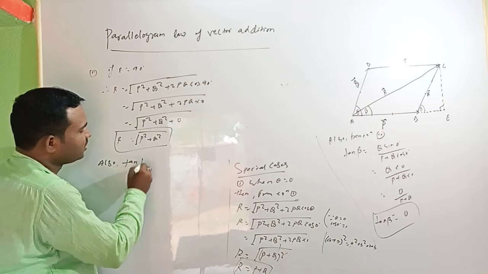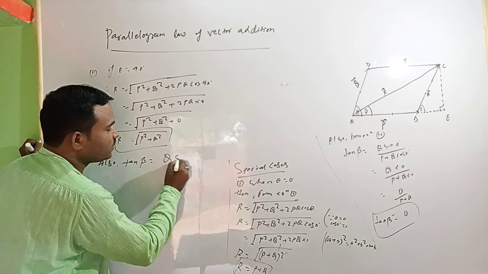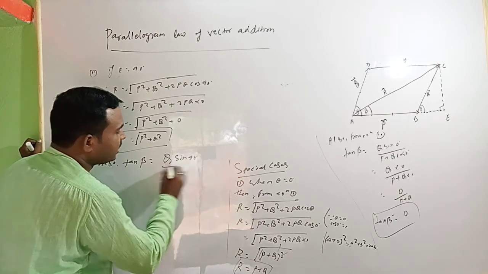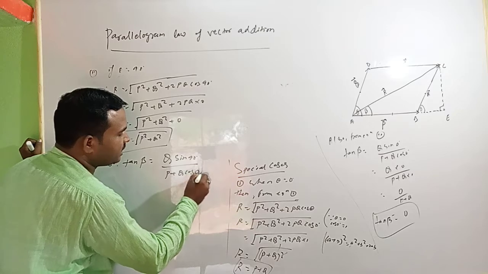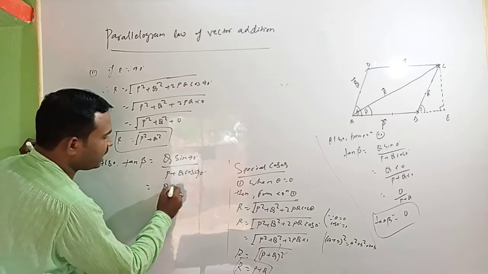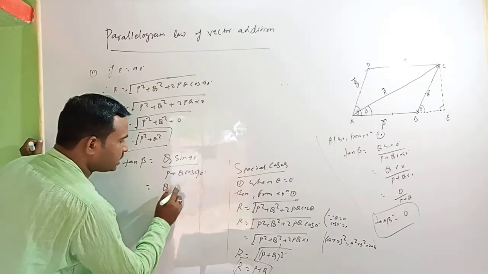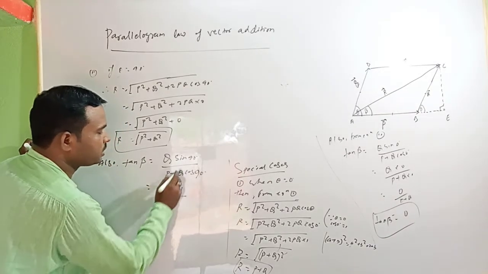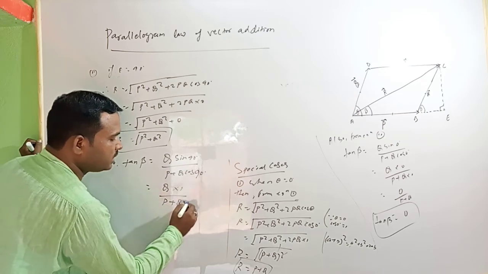And what is the second one? Also tan beta is equal to, what is tan beta? This is q sine 90 degrees divided by p plus q cos 90 degrees. So you write q sine 90, and the value of sine 90 is 1. Very good. And in the denominator it will be p plus q into cos 90, which is 0.